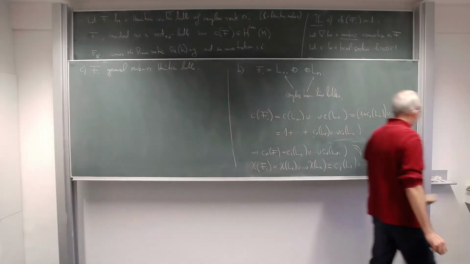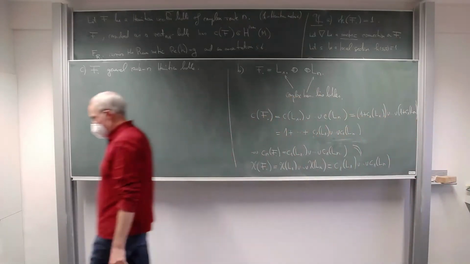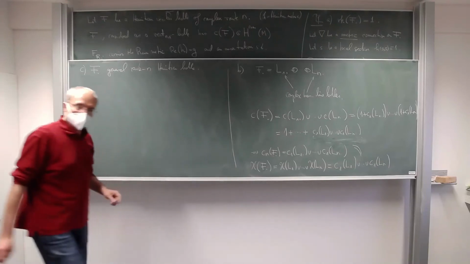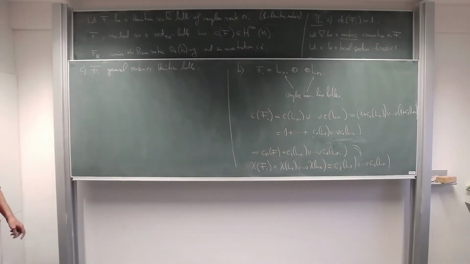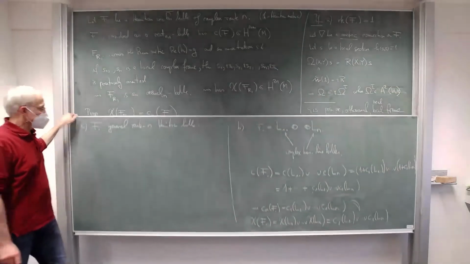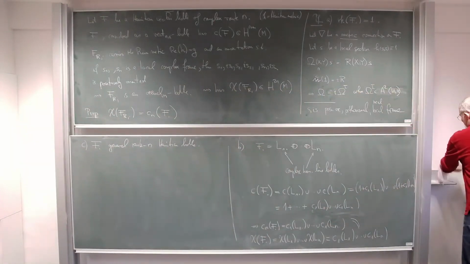Okay, there are now two ways to argue, an elegant way and a down-to-earth way. And let me first explain the elegant way. This is based on the so-called splitting principle. And before I apply the proof, let me just mention what it says.